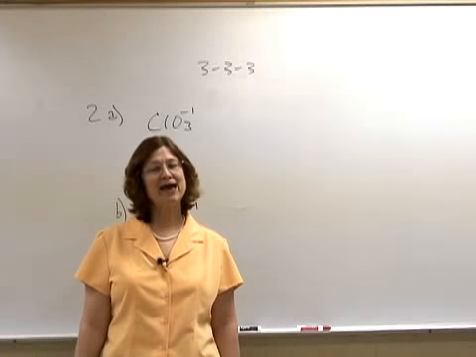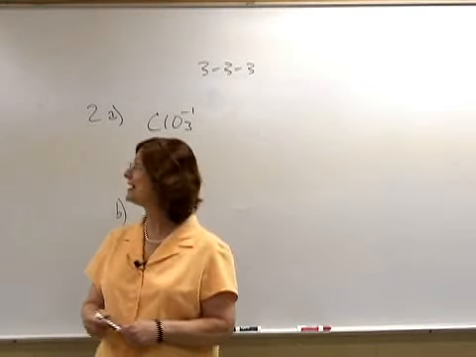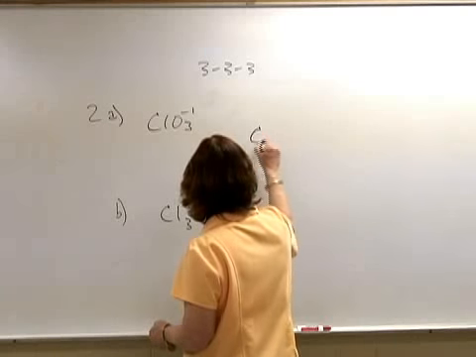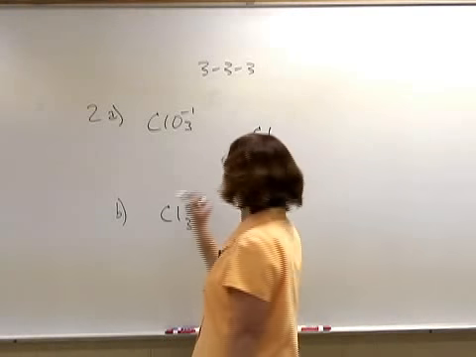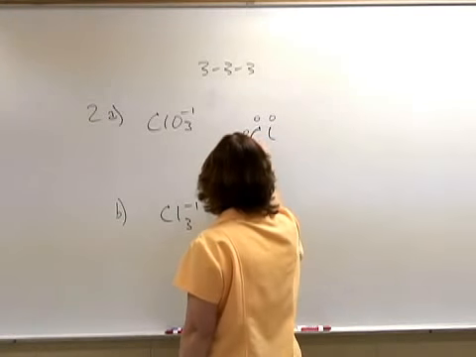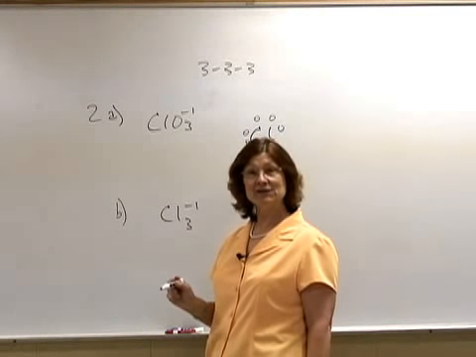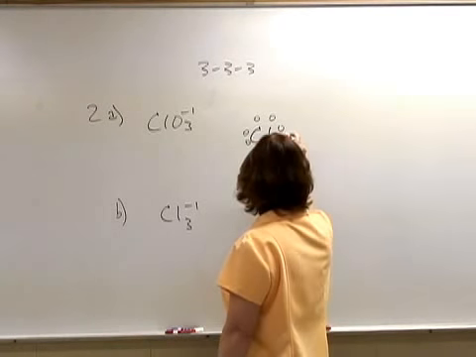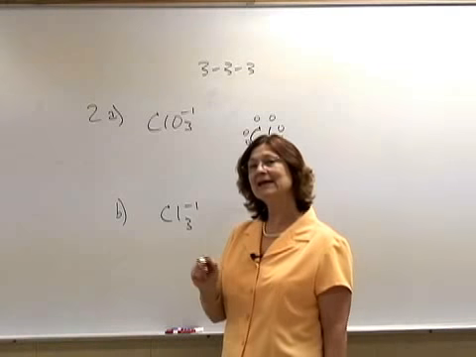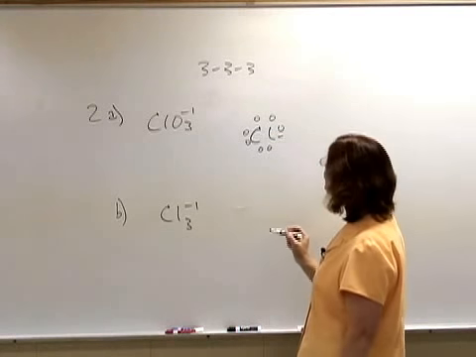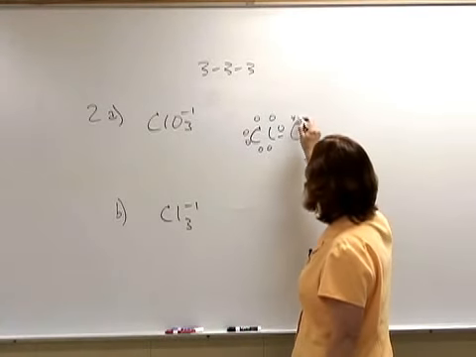In number 2, we have a polyatomic ion, chlorate. And chlorine has 7 valence electrons. And the -1 is telling me that I gained an additional electron. And I show that as a negative sign. Then oxygen has 6.